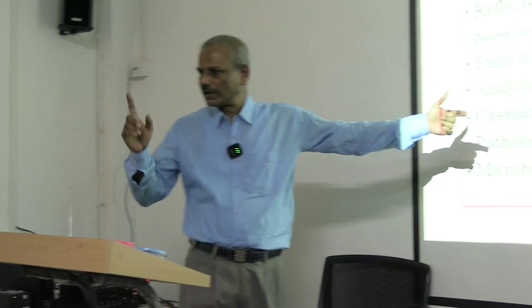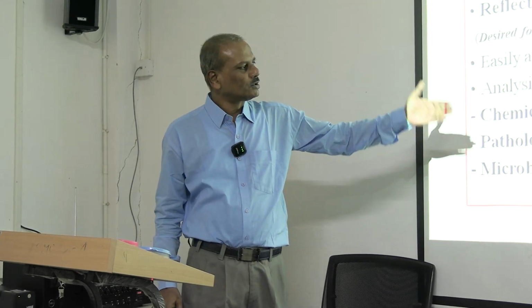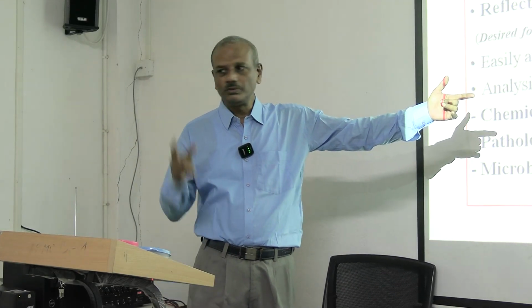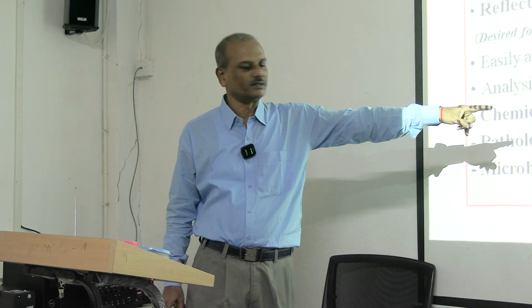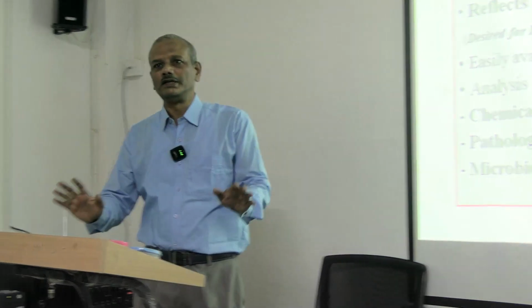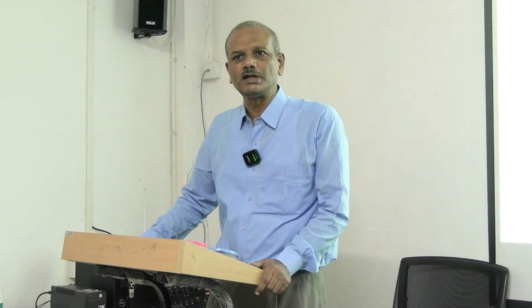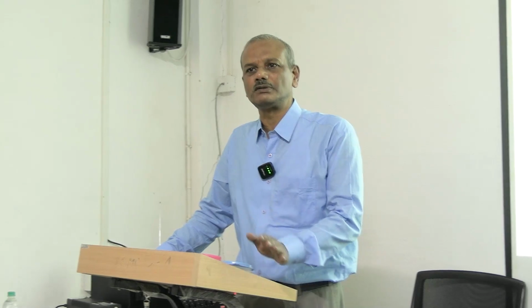So analysis is done normally chemically, biochemically, as I explained in detail. Most of the tests we will do for urine are basically qualitative. The difference between qualitative and quantitative: qualitative means whether it is present or not. Quantitative means the exact quantity. Suppose I ask whether this bottle is present or not, yes, present. Now what is the weight of this bottle?